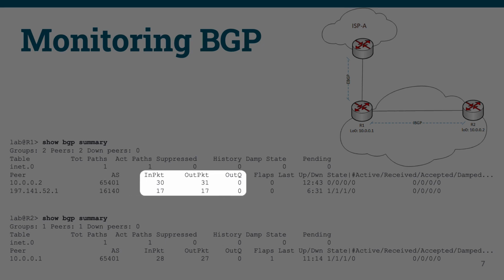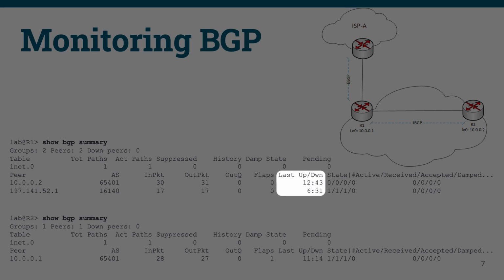The following three columns are statistics information on the number of BGP packets received from the peer, number sent to the peer, and the queue of BGP updates yet to be sent to the peer. The following column shows the number of times the local device has seen this peering session flap.